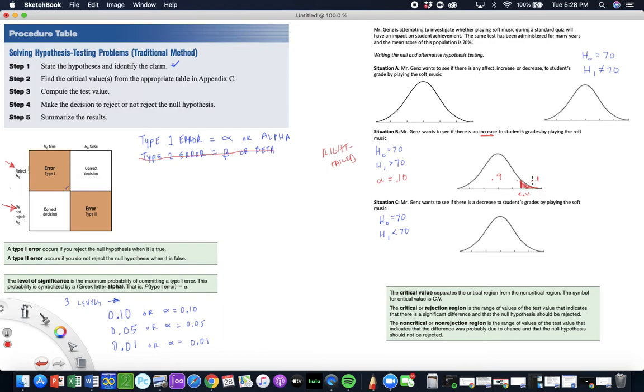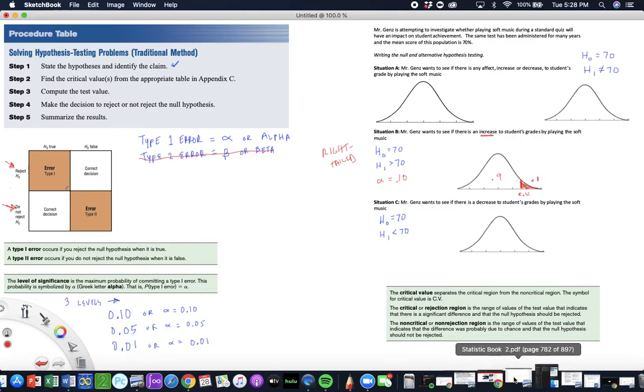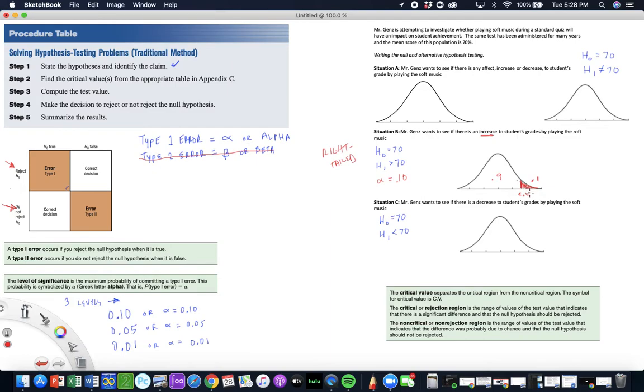Big picture stuff here: say I've done my test and I've found the critical value. I'm willing to accept the possibility of a type 1 error of 10%. So if my data point falls within this region here, in the critical area, I would reject the null hypothesis.